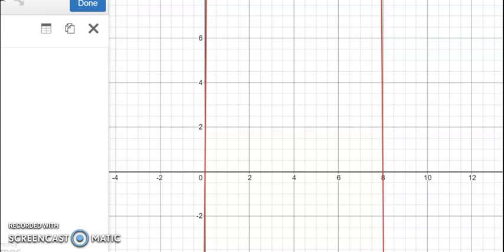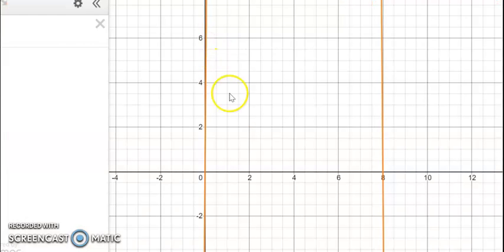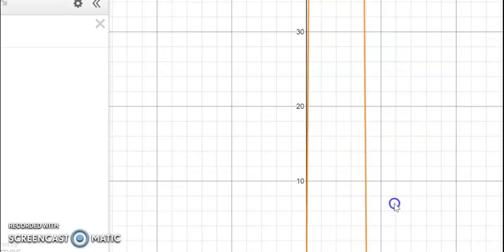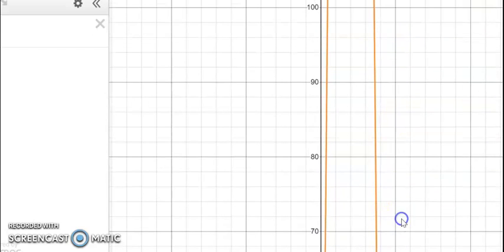I'll change it to something else so it shows up a little better. There's orange. Let's try that. Okay? Now, the question was, what is the maximum height? We looked at yesterday, the maximum meant how high did it go? So that means my graph must be way up here somewhere.